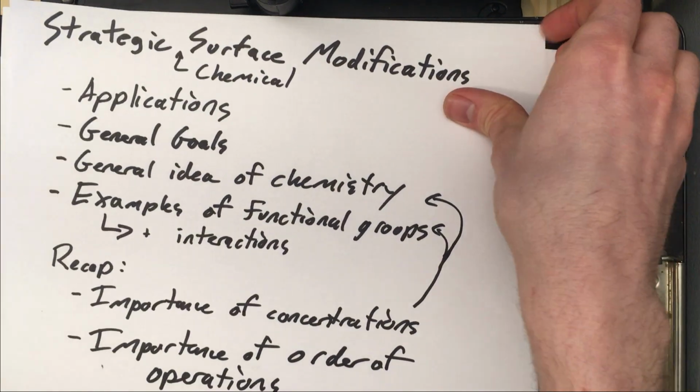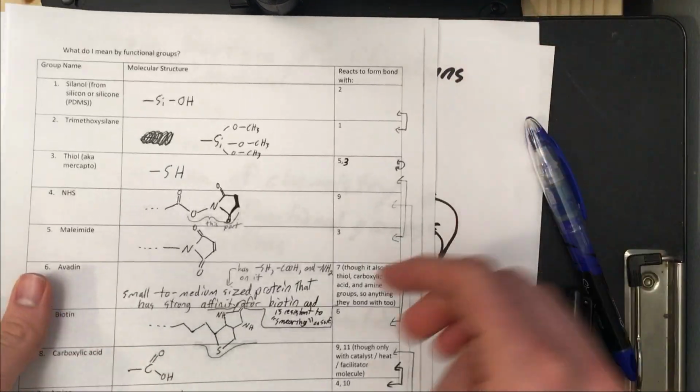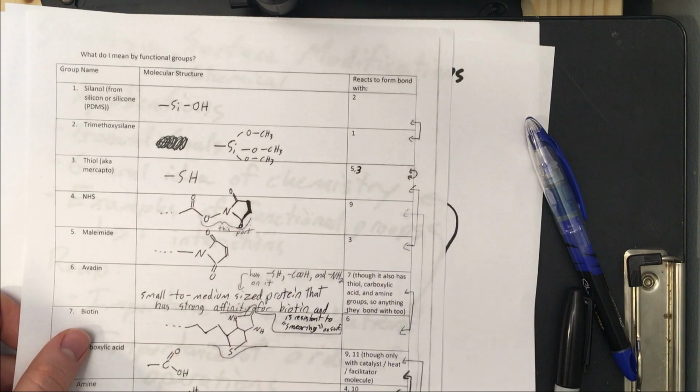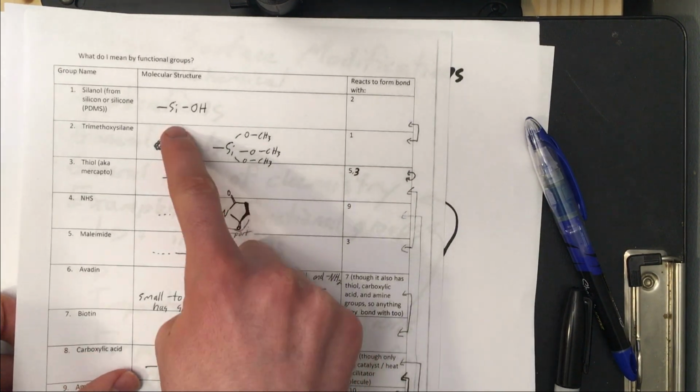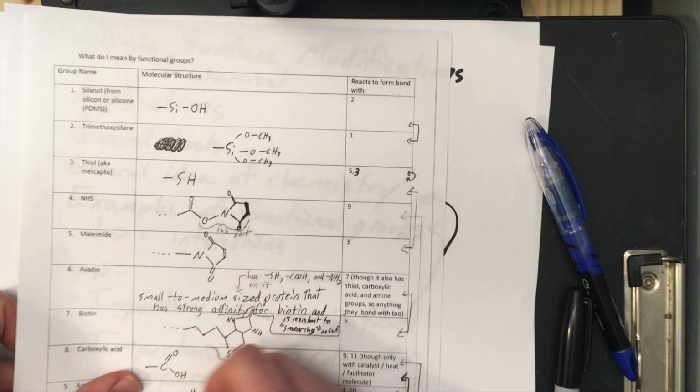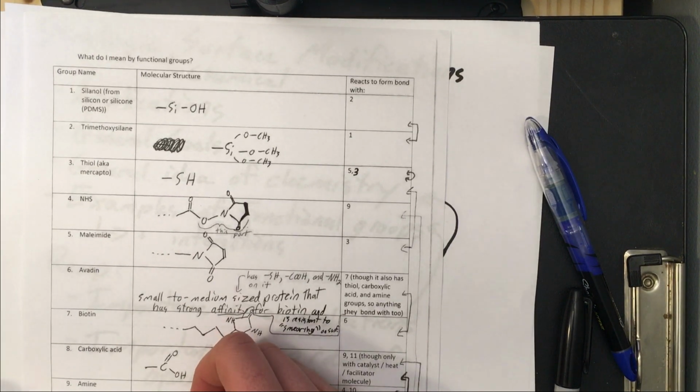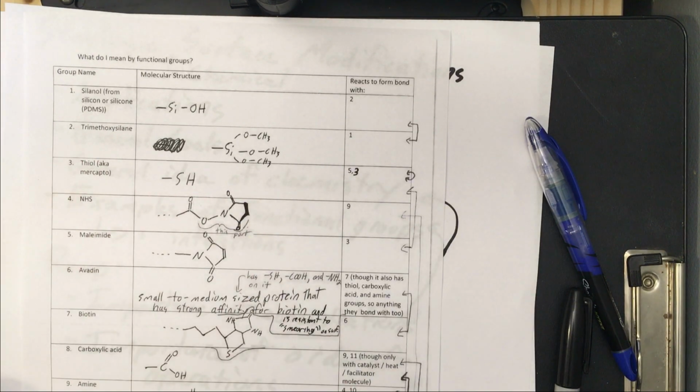All right, so you can pause the video if you want at any point. We're gonna talk about a whole bunch of different chemical groups. You can pause the video at any time if you want to write down the chemical groups, but you could always just look them up. A lot of these molecular structures are on Wikipedia and things like that.